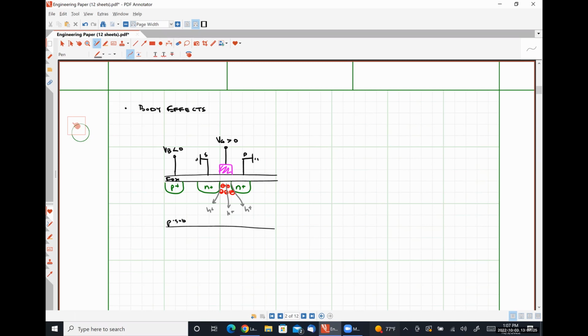Well, if VB is less than 0, we are going to start attracting holes towards the actual body terminal, which is going to leave behind a larger depletion region.